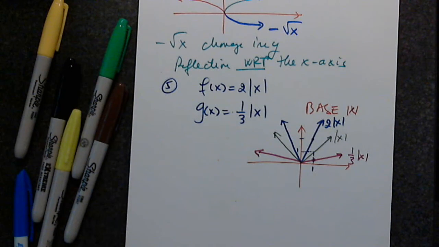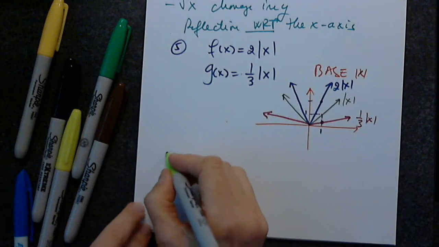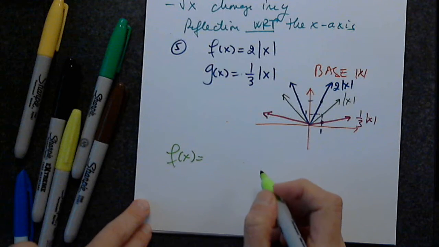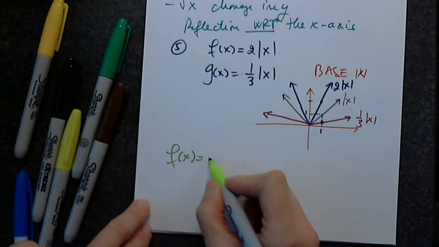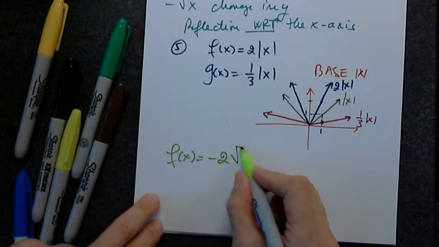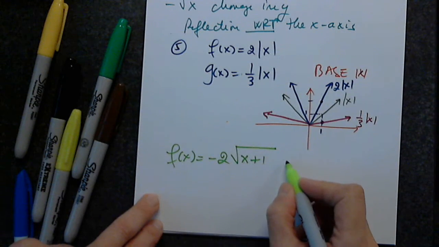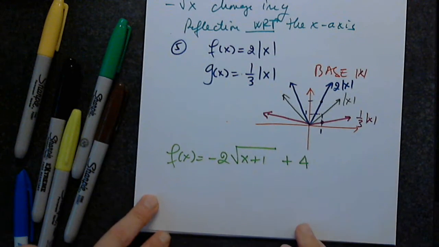Now I would like us to look at a combination of all these. So let's say we have a function which is f of x equals -2 times the square root of x plus 1, plus 4.